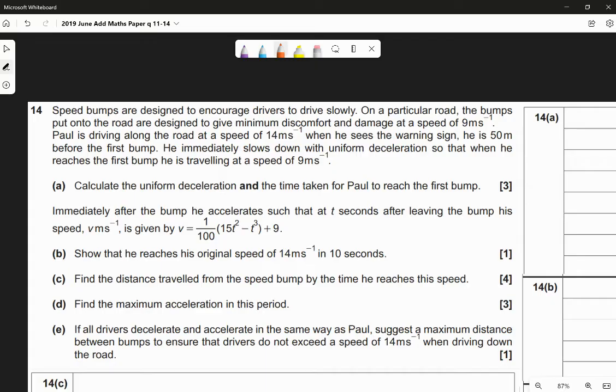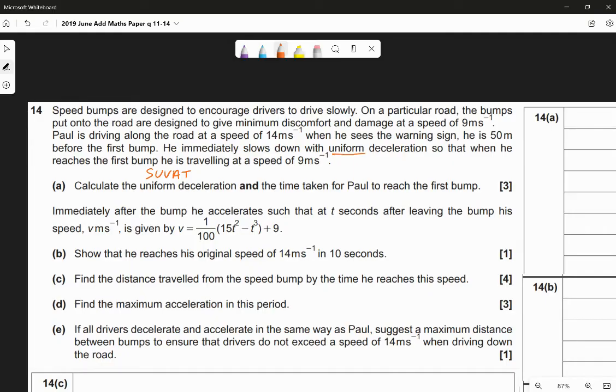So it's uniform deceleration. If you have constant acceleration, which is what uniform means, it doesn't change, you are able to use SUVAT. The SUVAT formulae, the constant acceleration formulae for S, U, V, A, and T, so displacement, initial velocity, final velocity, acceleration, and time, which hopefully you've memorized, can be used in part A because you've got uniform deceleration.